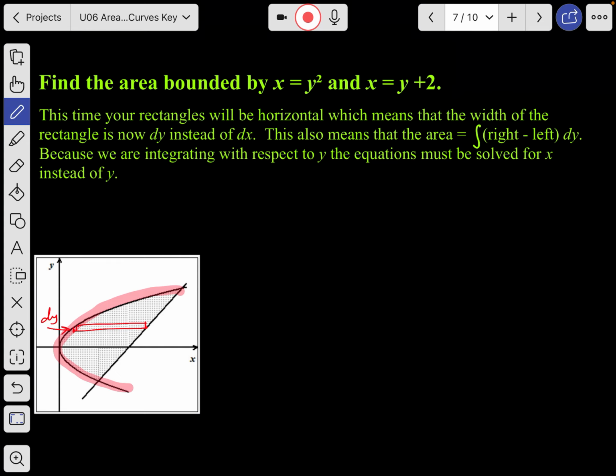All right, so let's set our equations equal. So y squared is equal to y plus 2. If I move everything over and I factor this, and I use my little t-chart, so I need two numbers that multiply to get -2 and add to get -1. So this is going to be -2 and 1.